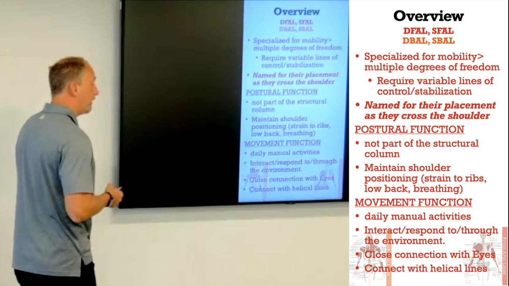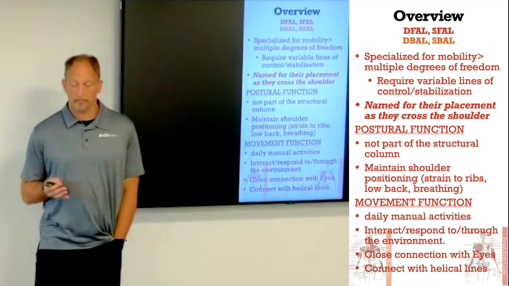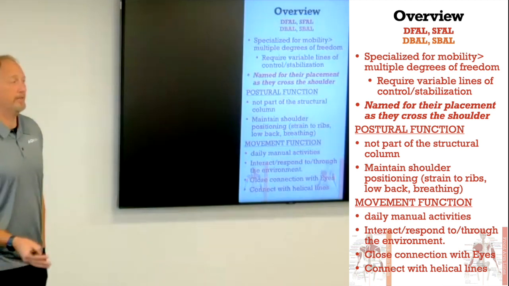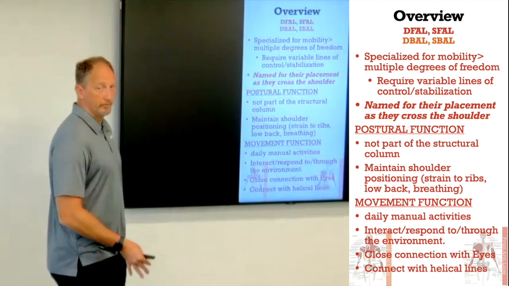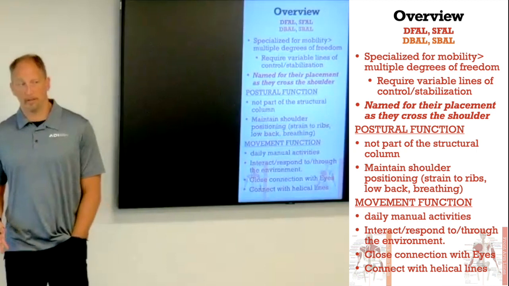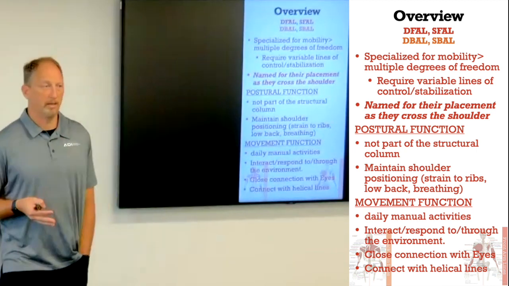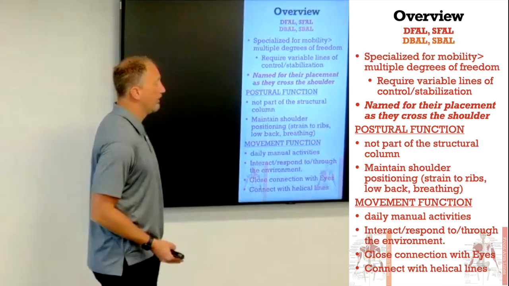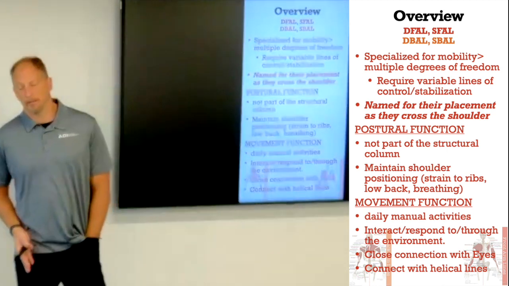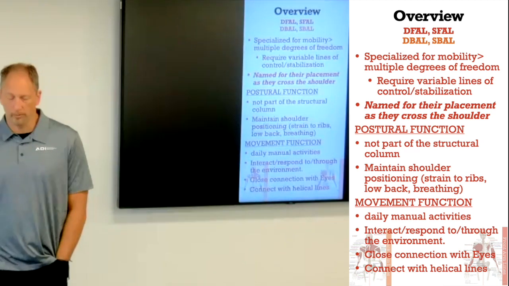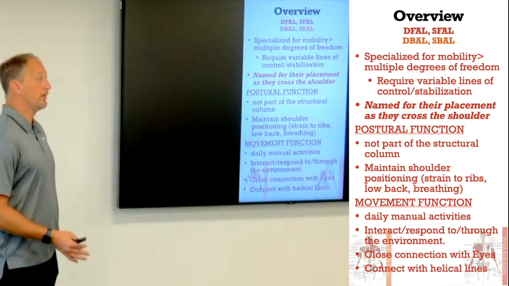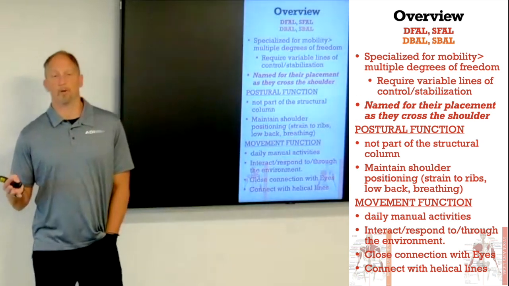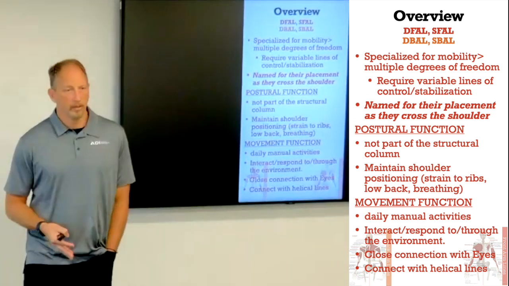You need to remember, we have arm lines, we don't have leg lines. And there's a reason why we don't have leg lines. When we talk about the lower extremity, we're talking about the spiral line. We're talking about the lateral line. We're talking about the superficial front line. We're talking about the superficial back line. And the reason being is the overall function of those limbs.